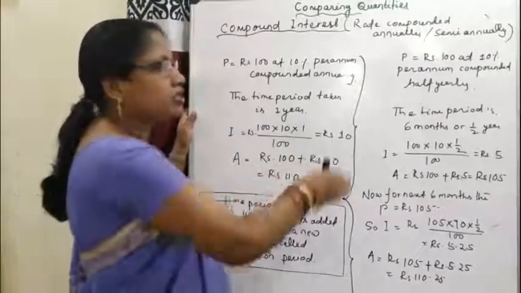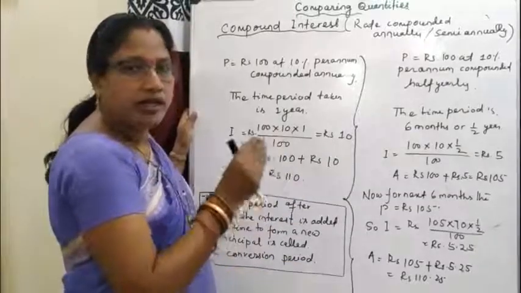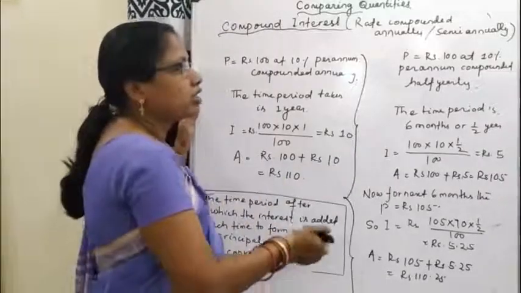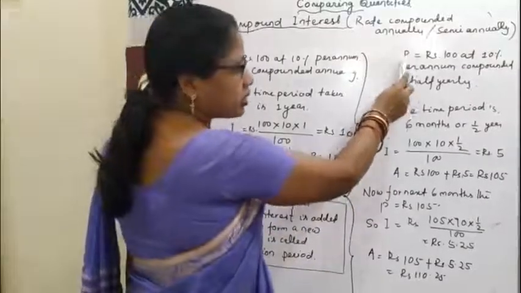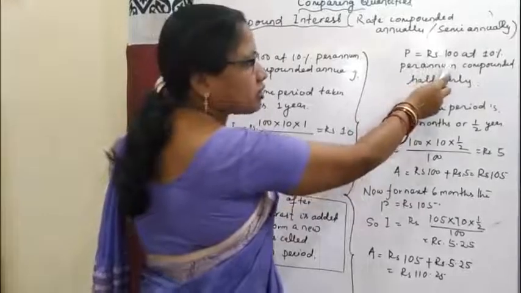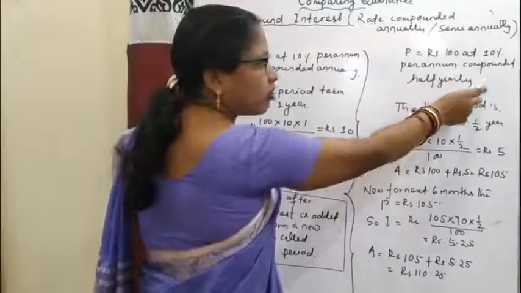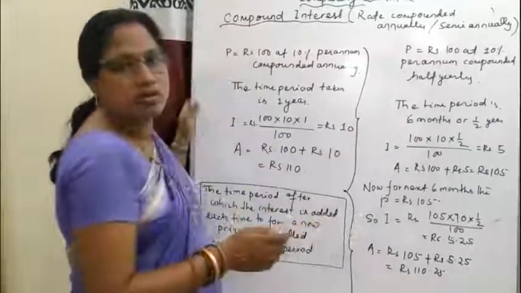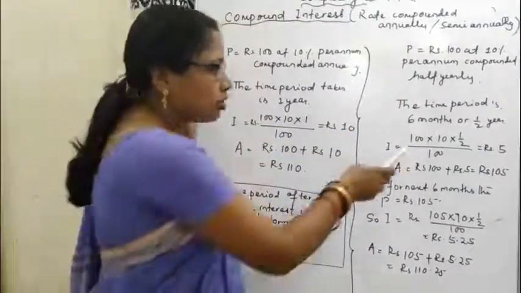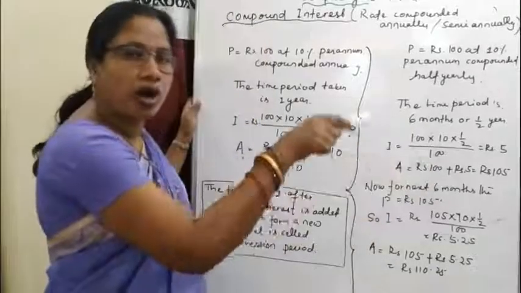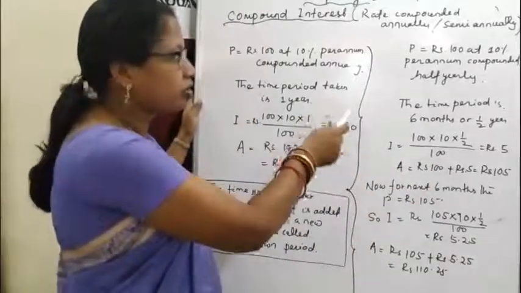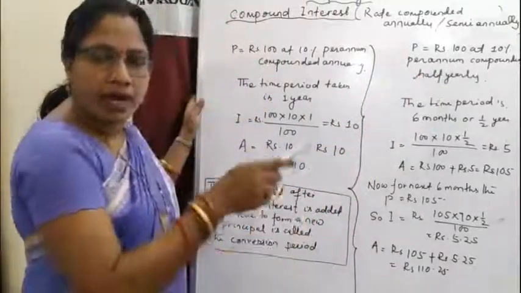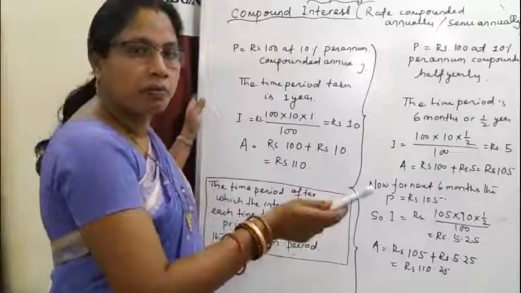But when the question says the rate of interest is calculated semi-annually, for example principal is rupees 100 at 10% per annum compounded half yearly, here the time period is 6 months or half year. So the rate of interest is also half. Since in the question it is given 10% per annum, that means 5% per half year.